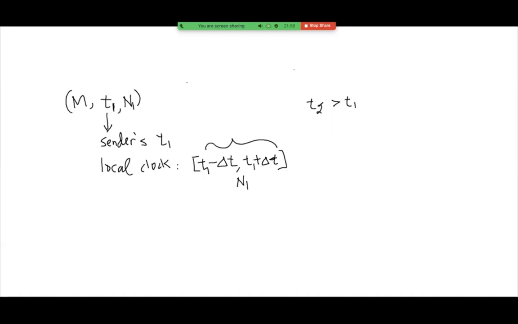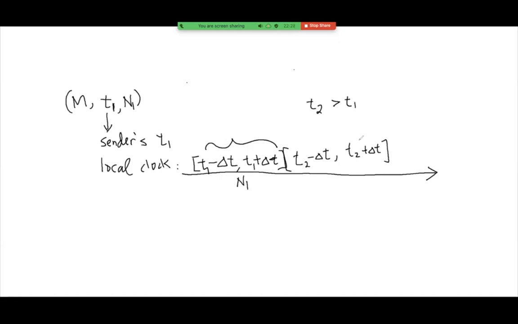So that means if my T2 is here, let's say this is the time axis, then this N1 can be removed from this interval.